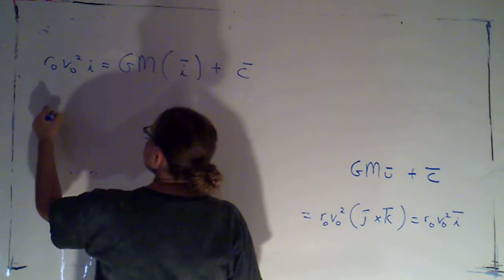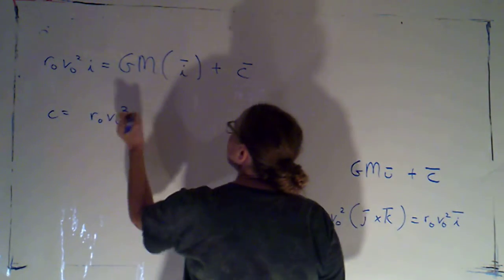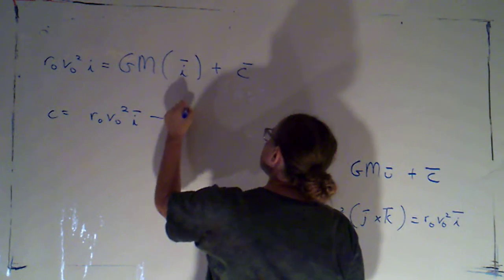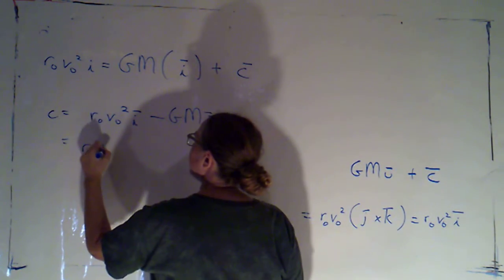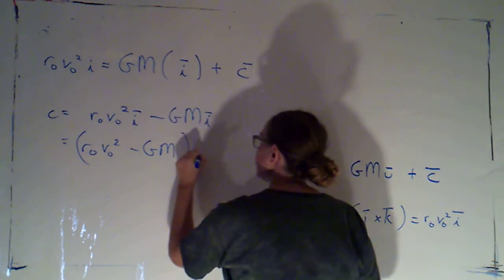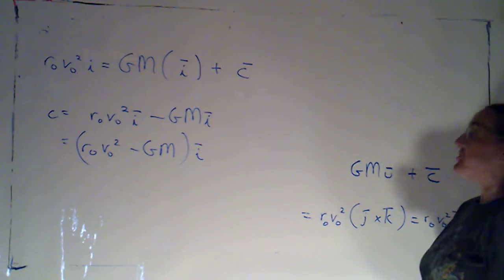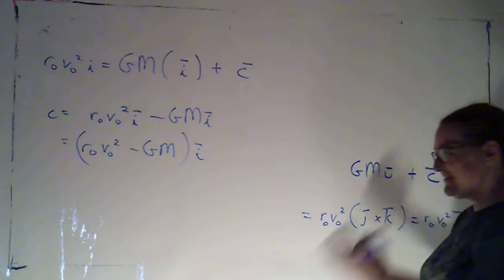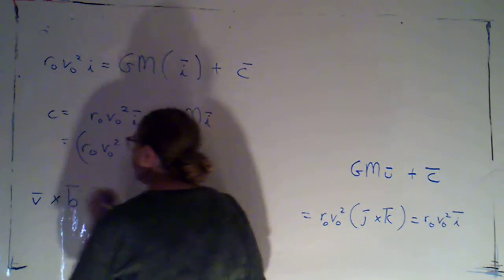So we get c is r naught v naught squared times i minus gm times i, and I can factor out that i. That's r naught v naught squared minus gm, that many copies of i. So, putting the pieces together, we can characterize v crossed with b.